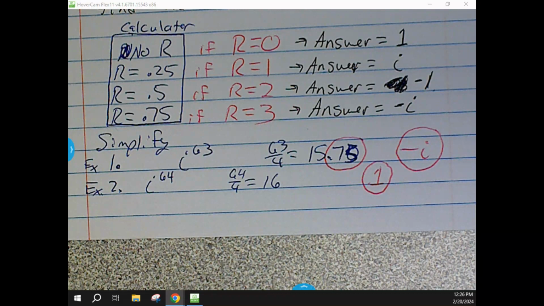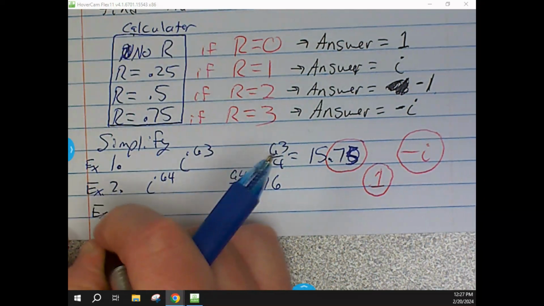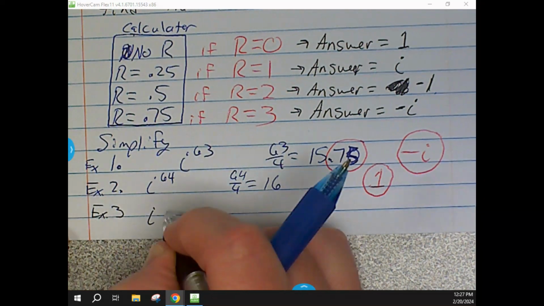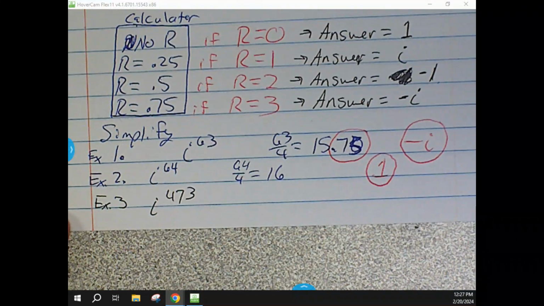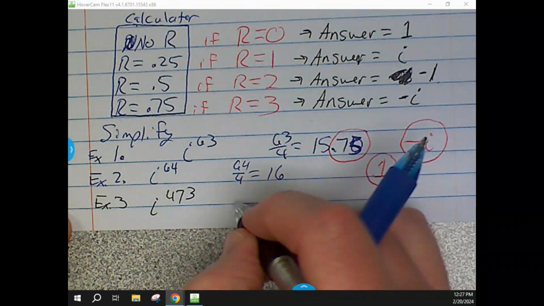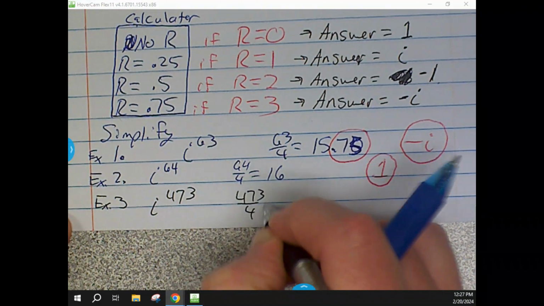All right, so give me a big number up into the high hundreds here. 473. There we go. All right, so example 3. We'll do i to the 473rd power. Okay, so we're just going to take 473 divided by 4.